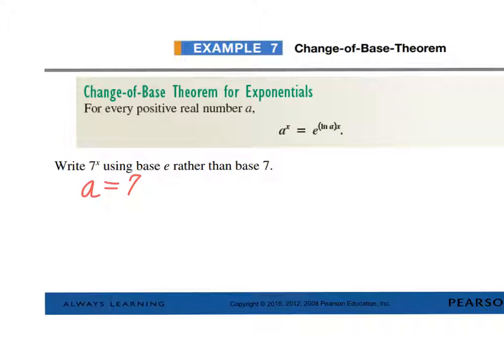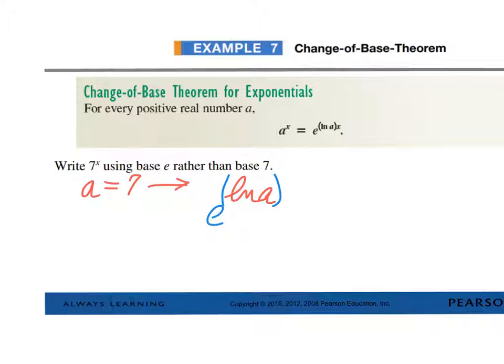And if you want to write it to base e, what you actually do is you take the natural log of a, and it becomes the power on e. It becomes part of the power on e.